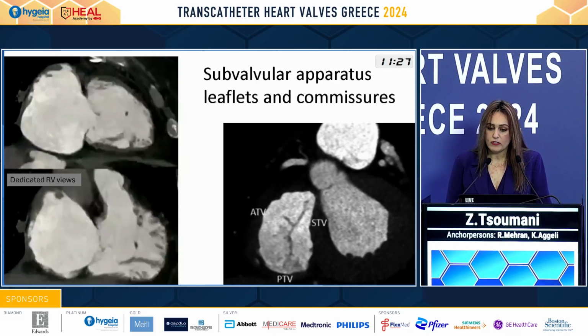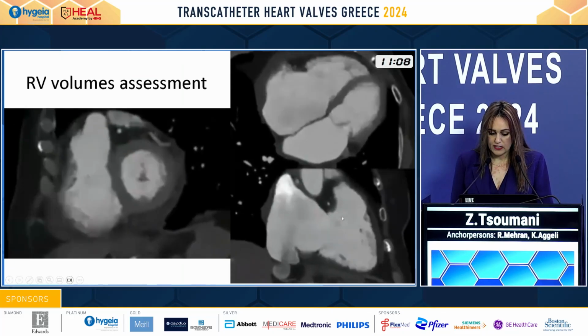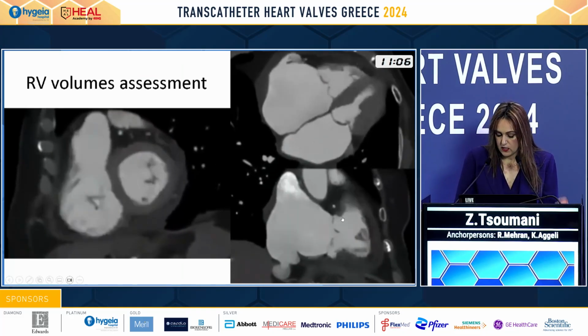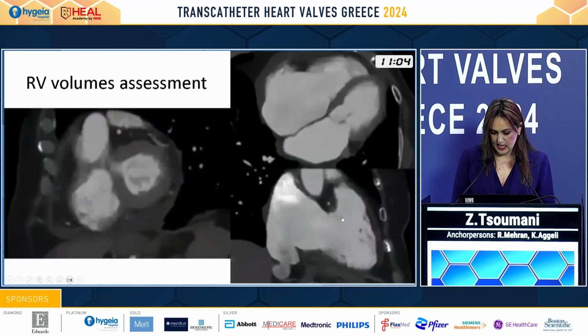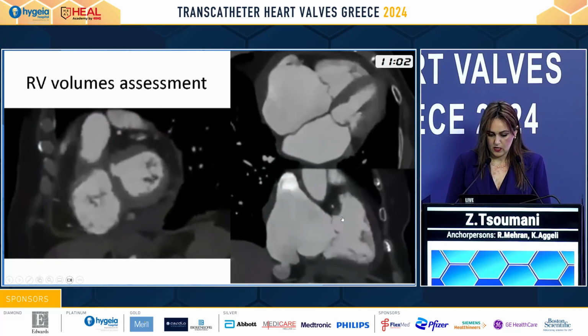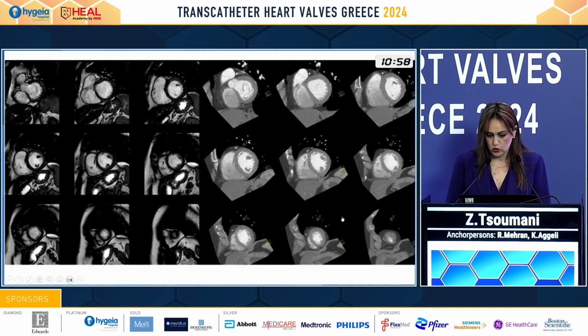Using multiplanar reconstruction, we can have dedicated right ventricular views in order to study the subvalvular apparatus, the papillary muscles, the chordae, the leaflets, and the commissures. We can even have cinematic images, and we can assess regional wall motion abnormalities or the septal motion.